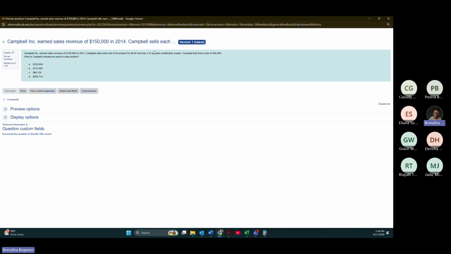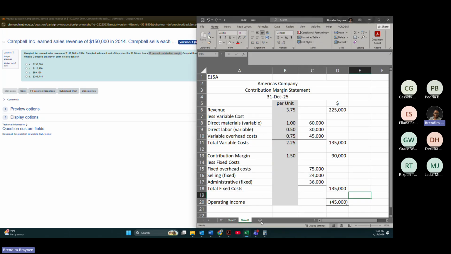And so what that means is that if I'm selling my unit for $6, so that's what they told me. I'm selling it for $6. That's my selling price. Contribution margin, we should know, is selling price minus variable cost. That means that 32% is the percentage of contribution margin. So let me try to document it so you could see it, hopefully.